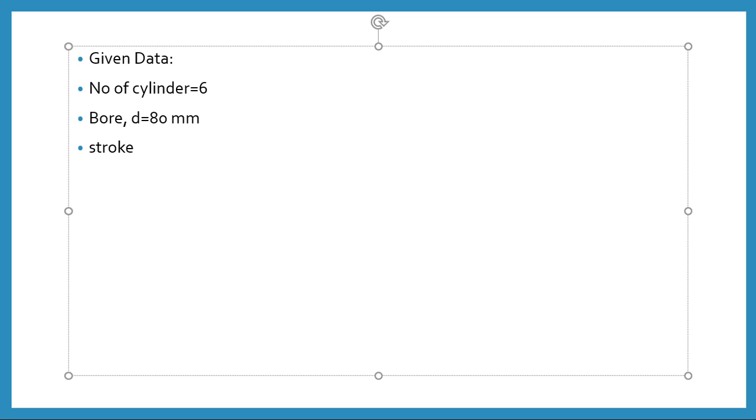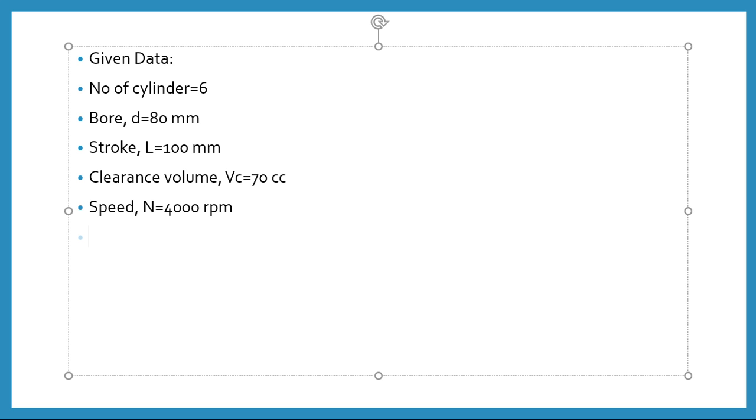Stroke length equals 100 millimeter. Clearance volume equals 70 cc, or cubic centimeter. Speed equals 4000 rpm.